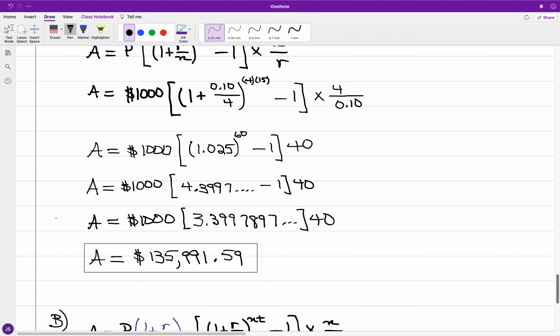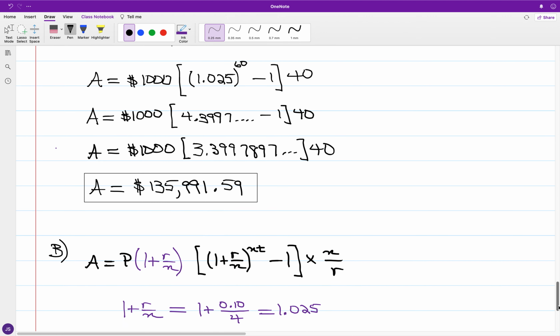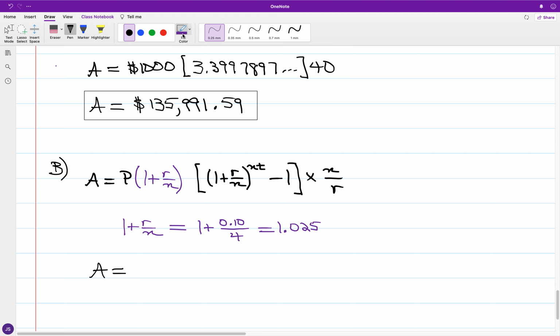Again, with the minimum, where Rory was investing at the end of each quarter, we had this future value, and for the maximum, we're looking at 1.025 times that.